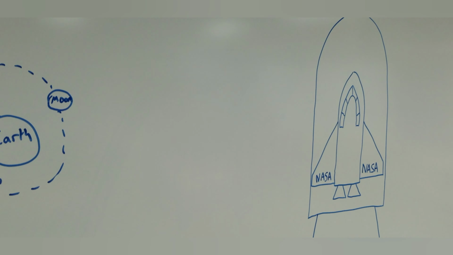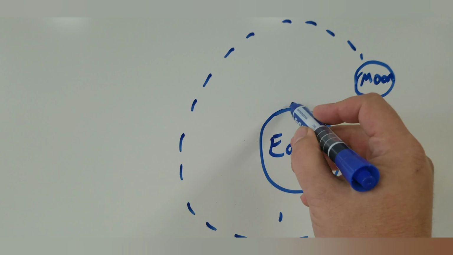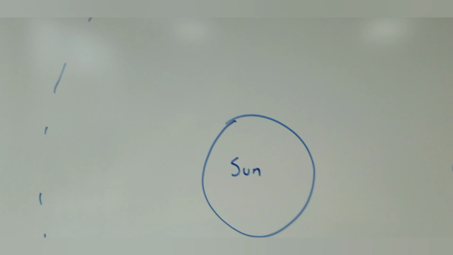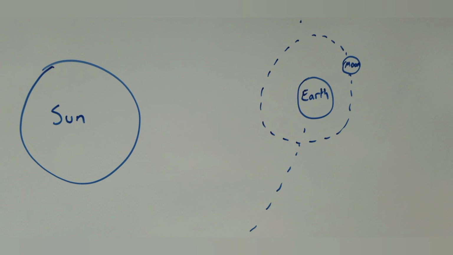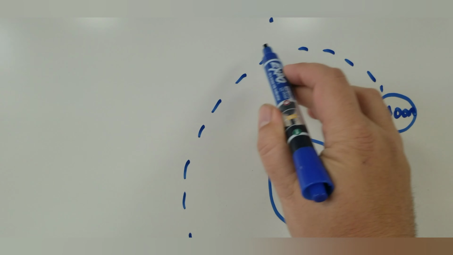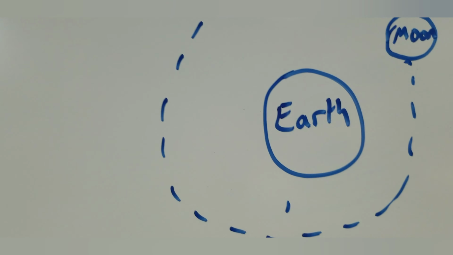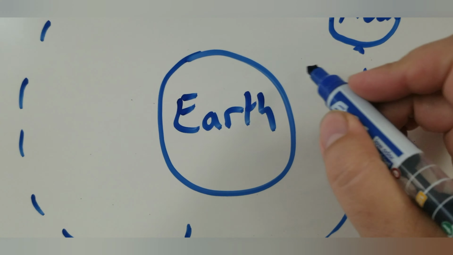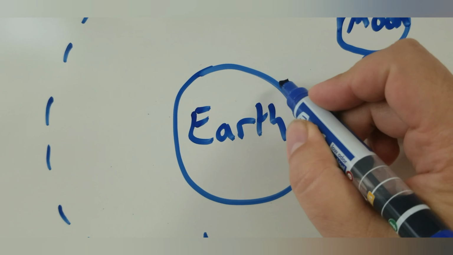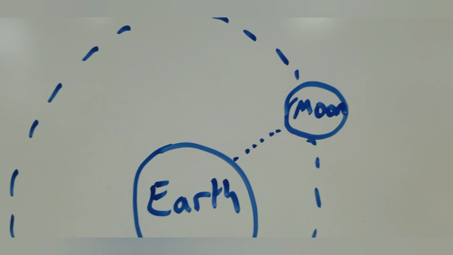So why does all that matter? Let's think back to our example of the space shuttle. You probably know the Earth is spinning, and it's also spinning around the sun in a giant rough circle. And at the same time, the moon is spinning around the Earth. So to calculate where the shuttle needs to fly, because if it just shoots at the moon right now, by the time it gets there, the moon's going to be long gone.